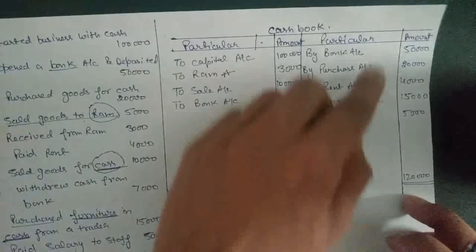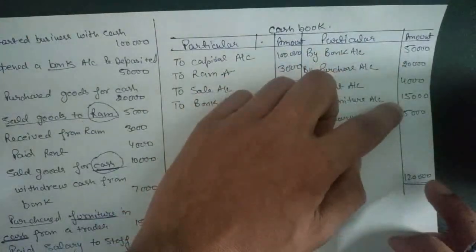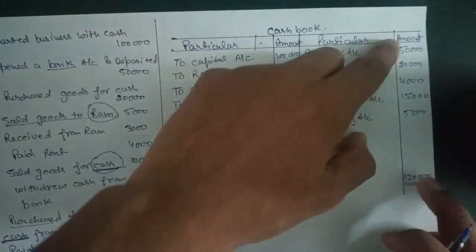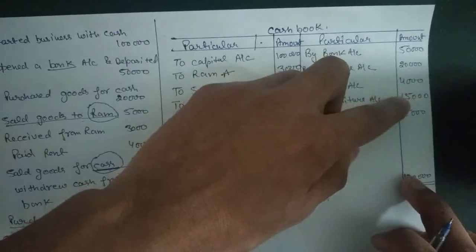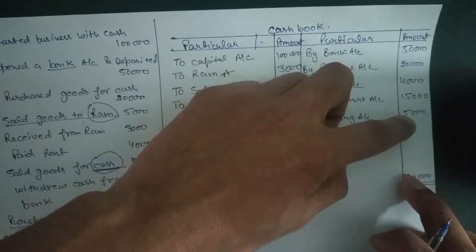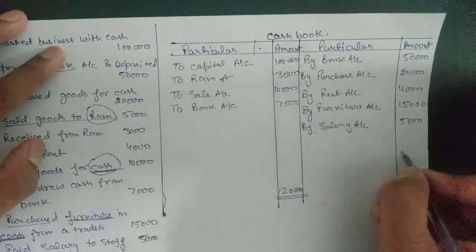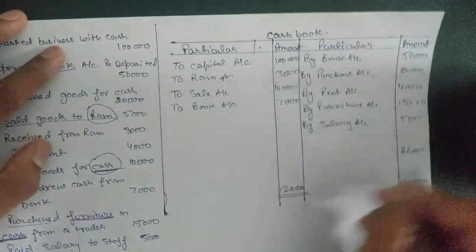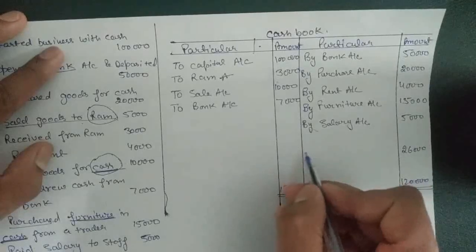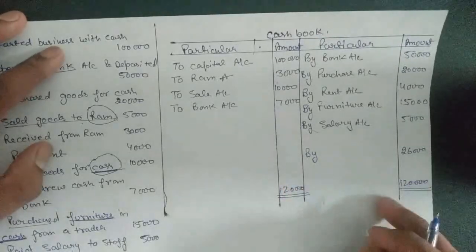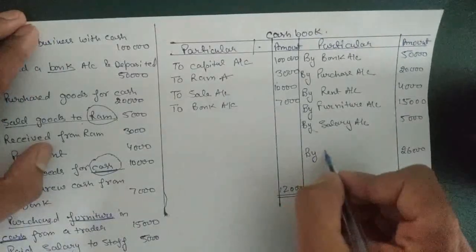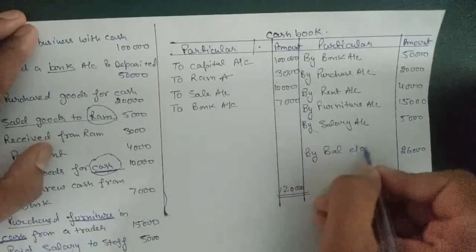Now we need to deduct all these balance from this one. So it will go like 50, 70, 85, 90, 94. So after deducting 94,000 from 120, it will go 26,000. Because it is on buy side, so we will use buy. And for carry forward, we use buy balance carry forward.